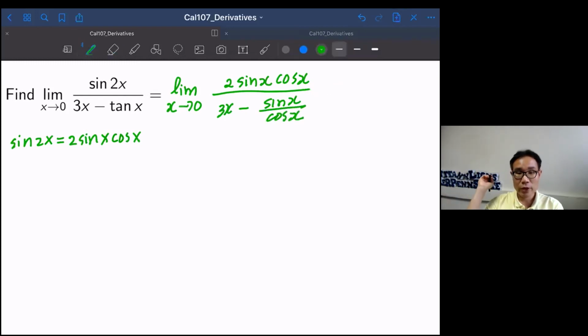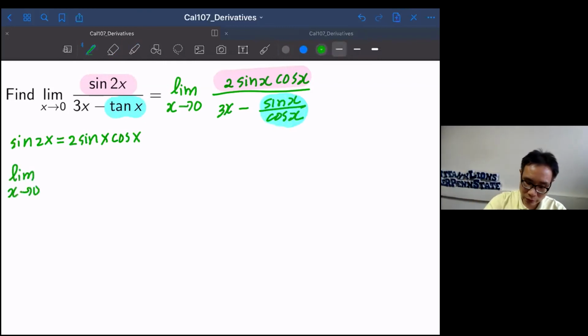You see the structure of the function: 2 sine x cosine x on top, and tan x equal to sine over cosine. We know the limit as x goes to 0 of sine x over x equals 1. We don't have sine x over x yet, but we can make it happen.